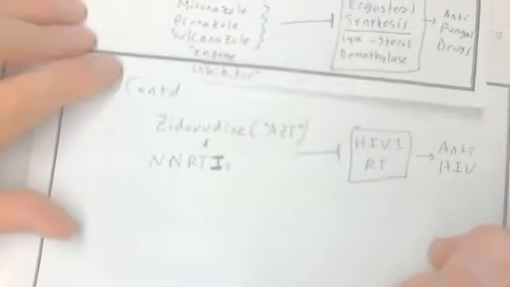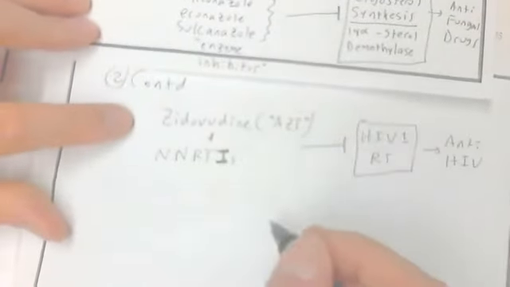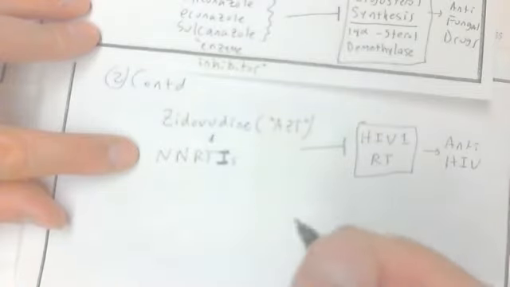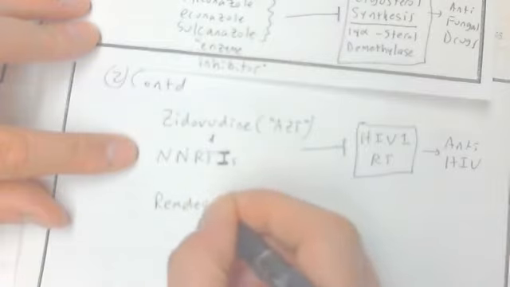Cool. What other ones? Of course, we could say remdesivir. This is also an enzyme inhibitor, right? So we're inhibiting an enzyme.